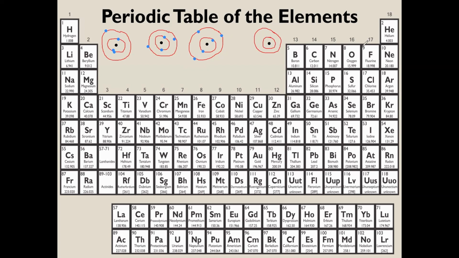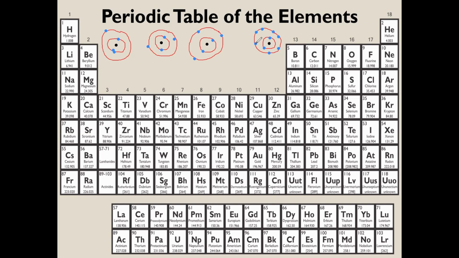Fluorine has 9 electrons, and its electron configuration would be 2 and 7. So over the same period we have the same number of electron shells, but the number of electrons in the outermost shell is increasing over the period.